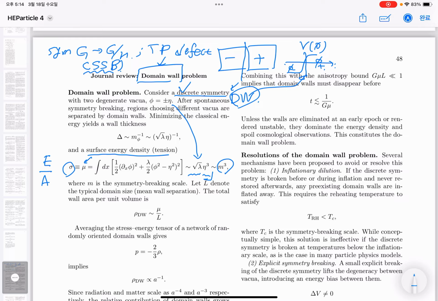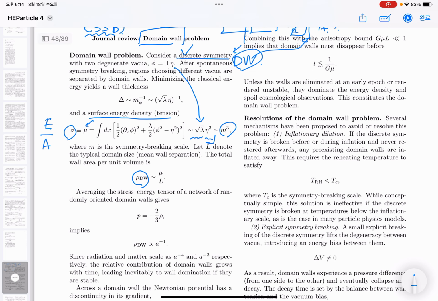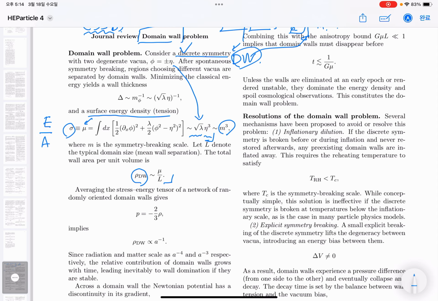One can evaluate the total energy density of the domain wall in terms of this surface tension by dividing by the distance scale L. And by using the stress-energy tensor of the domain wall network, it gives the equation of state, the relation between the pressure and energy density, with a coefficient of -2/3.